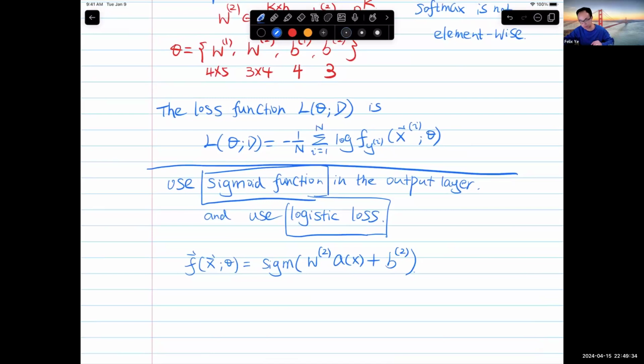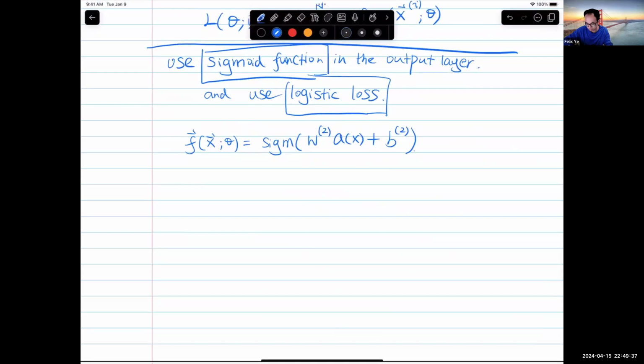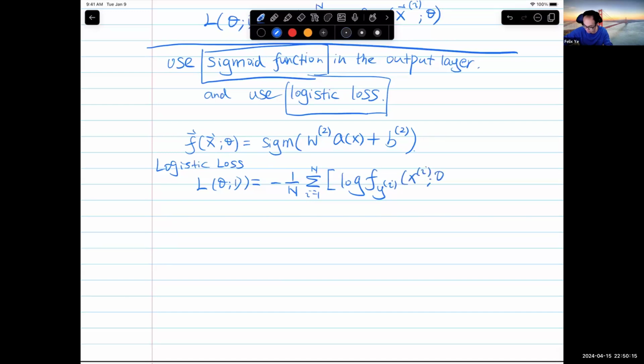So then the loss is given as follows. So this is the logistic loss: minus 1 over n, summation i from 1 to n, of log of f_{y_i}(x^(i), theta), plus, so this is the logistic loss.